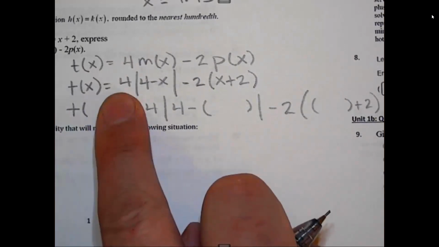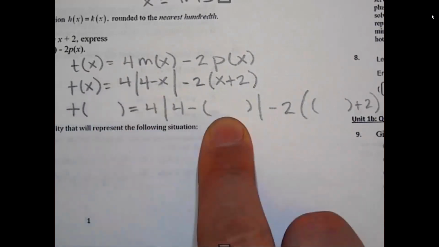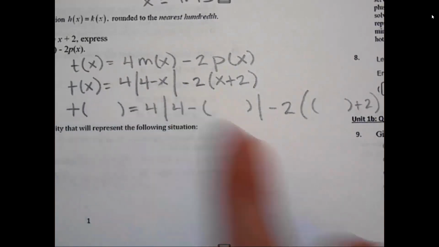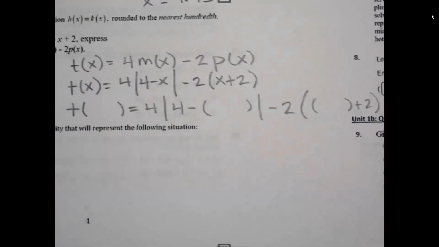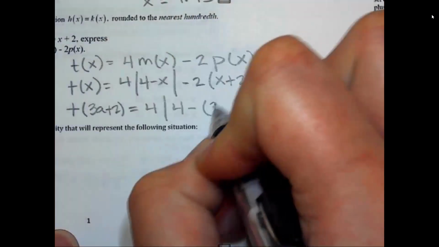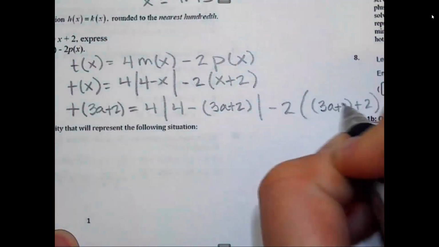I had 4, and then the absolute value of 4 minus x. And then I had 2 times x plus 2. Does that make sense? Everyone good so far? Okay, so what do I plug into the parentheses? Okay, so 3a plus 2, 3a plus 2, 3a plus 2.